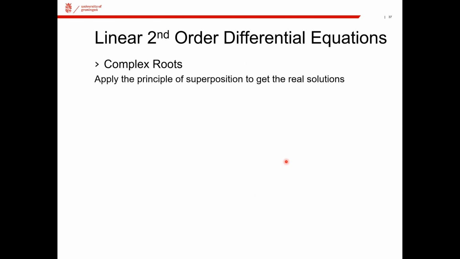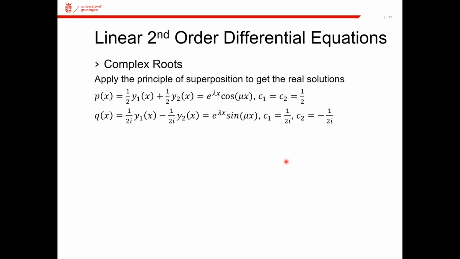And we apply the principle of superposition to get a real solution. So basically p(x) equals c1 times y1 plus c2 times y2, and in this case we just set c1 and c2 equal to 1 divided by 2.